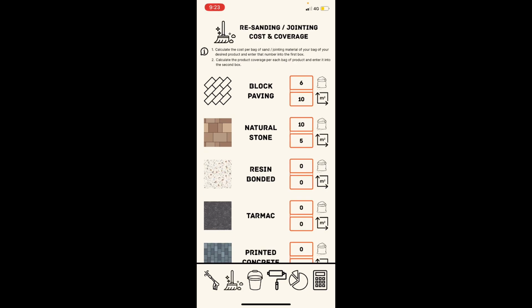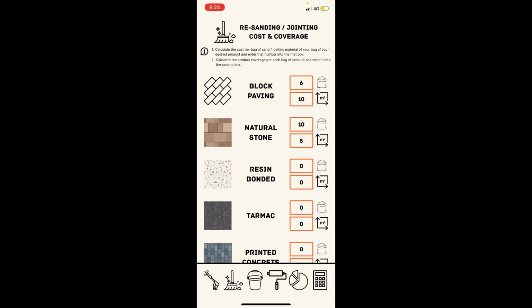So we're going to calculate the cost of resanding or jointing a particular surface, and we're going to work out the cost of the product and the coverage of the product. So for example, we want to calculate the cost per bag of sand or jointing material of the desired product that you want, and we're going to put that number into the first box.